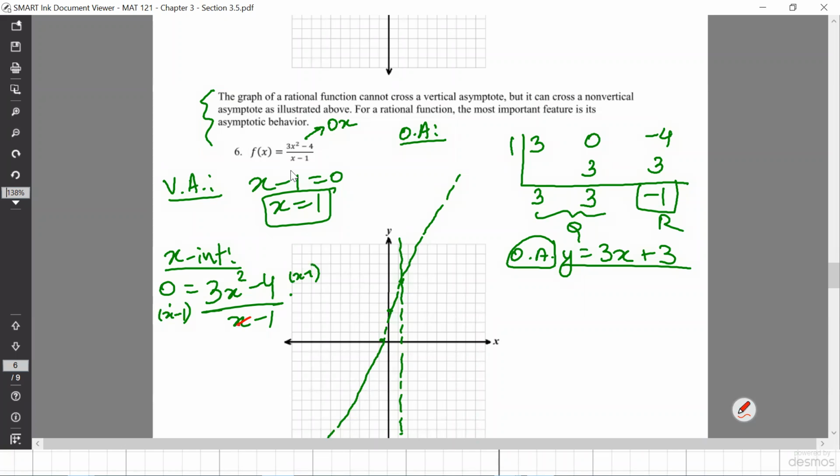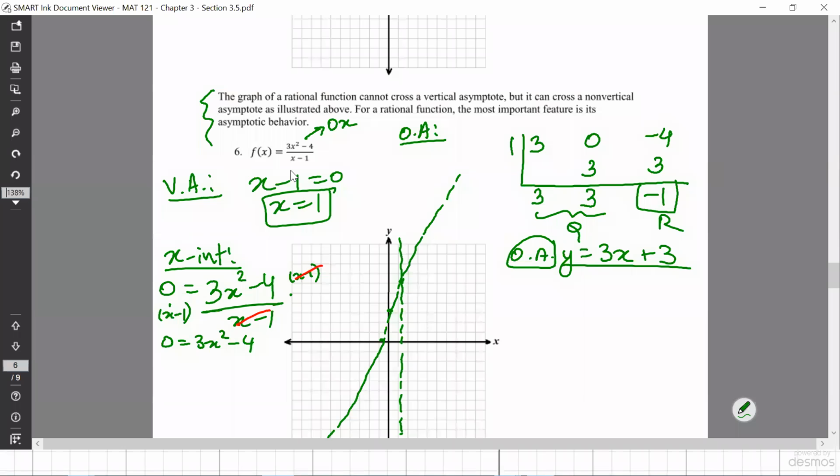And in this case, the x minus 1 cancels out. 0 times anything is going to be 0. So honestly, instead of going through all of that, just take the numerator, set it equal to 0, and you will get your x-intercepts. Because every time you set your y equal to 0, your denominator is going to disappear. So just save yourself some trouble. Just take the numerator, set it equal to 0, and that will give you your x-intercept.